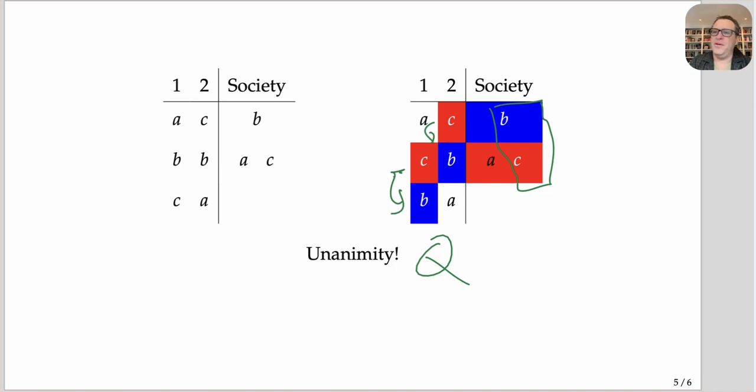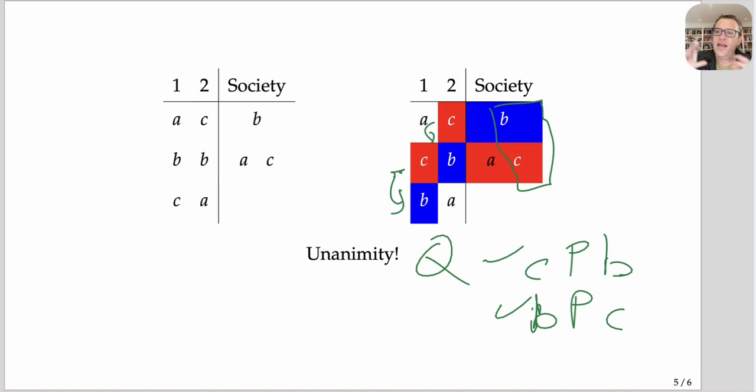Pareto is telling you that C has to be ranked above B, but IIA and transitivity told you that B has to be ranked above C. And you can't have both of those properties. You can't say C is strictly preferred to B and B is strictly preferred to C. That doesn't make any sense. So this tells us that there's something wrong.